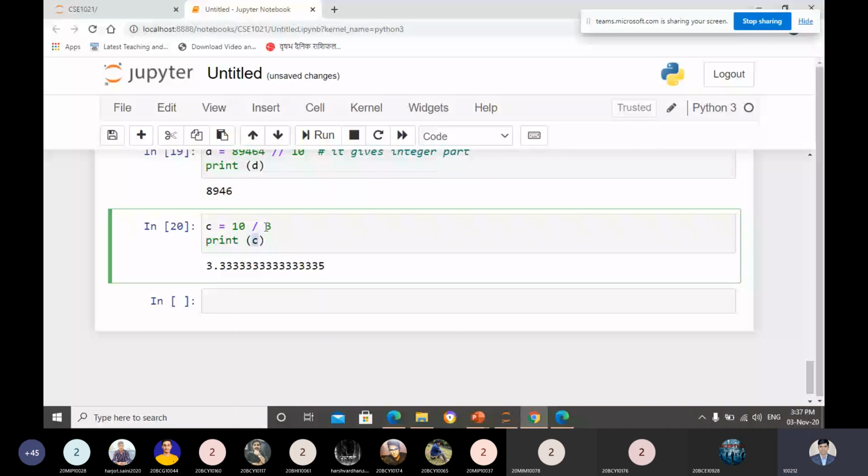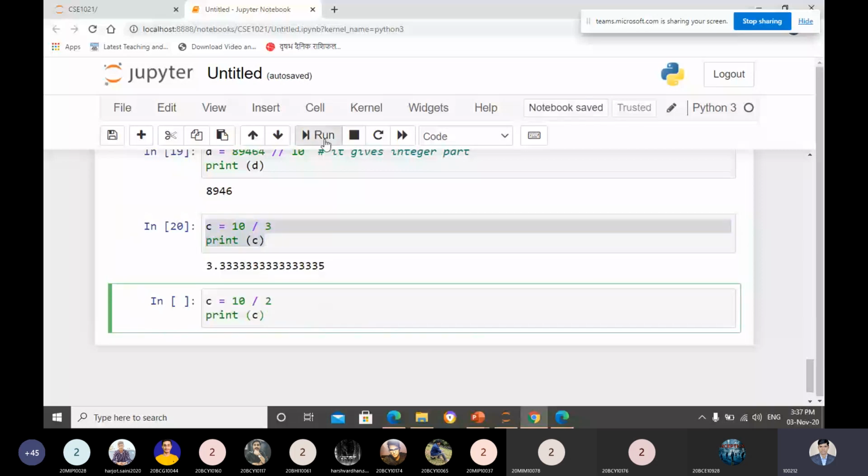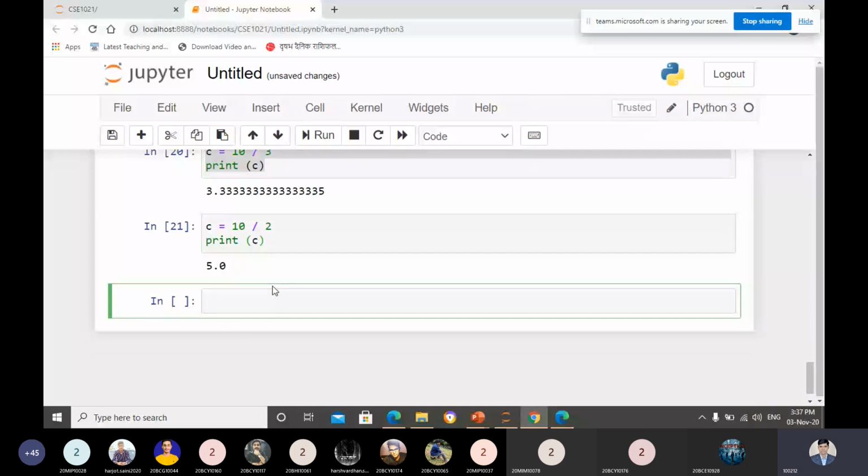You are saying, sir, if I divide this 10 by 2, then the answer must be 5. No. Okay, so let me explain over here. I do the change over here. Now see, the result is 5.0. It means it is a float, not a 5.